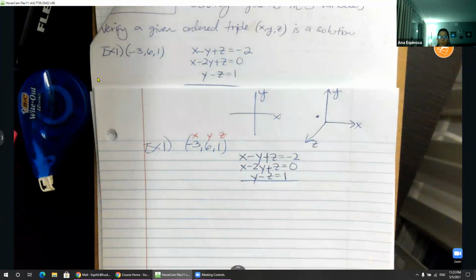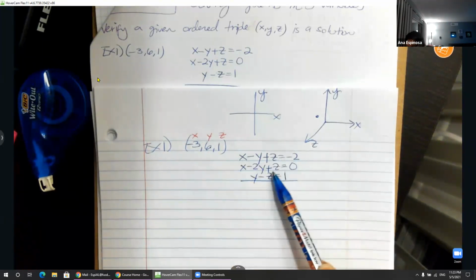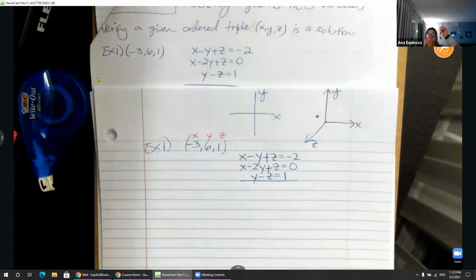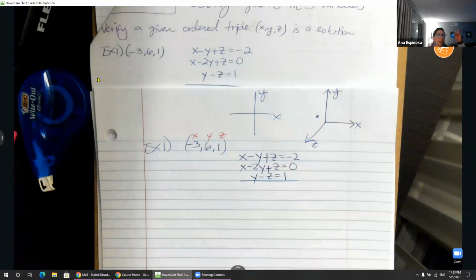If you find one equation in which it doesn't work, you may stop and say not a solution. So this dot has to be a yes here, yes here, yes here. If that happens, it means that that dot is a part of all those planes, these are planes now, they're not lines, they are planes. And that dot being on all the planes means that they all intersect at that point.